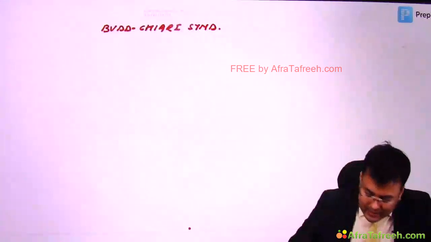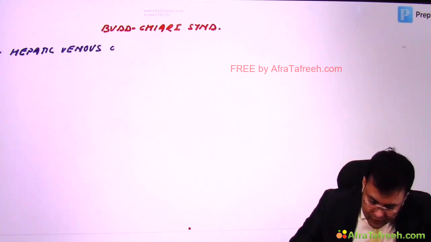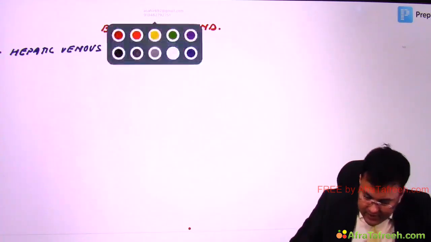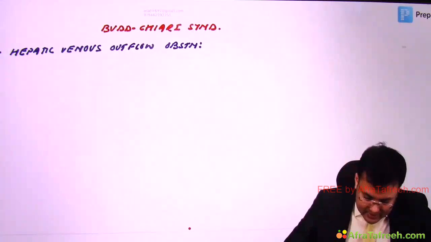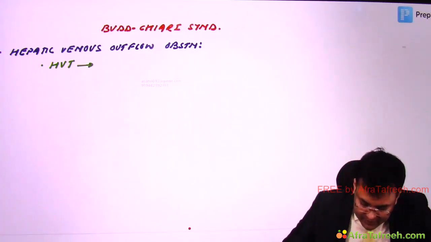So it is characterized by hepatic venous outflow obstruction. Okay, in majority of cases it is because of hepatic vein thrombosis. And what's the most common etiology of hepatic vein thrombosis?